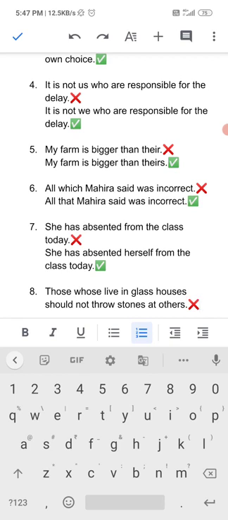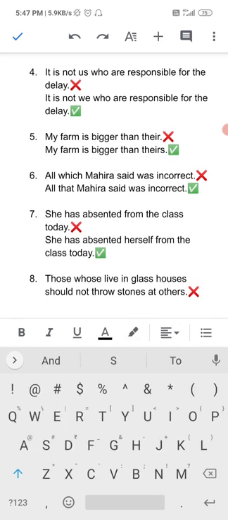So we have to use here the relative pronoun who, means we can say that we have to use here the nominative form, not the possessive form of who, that is whose.